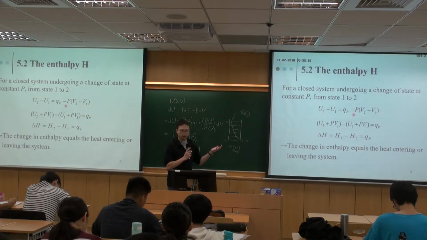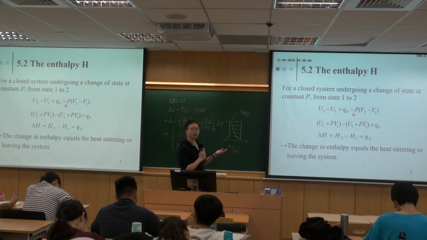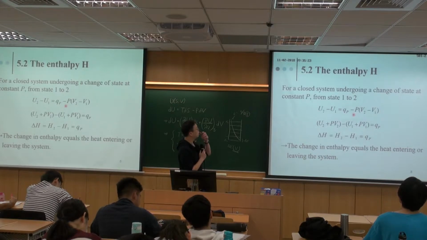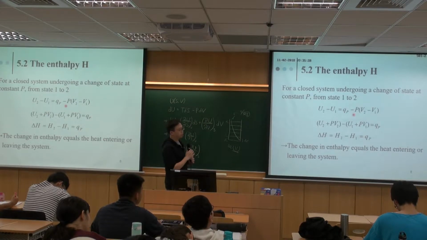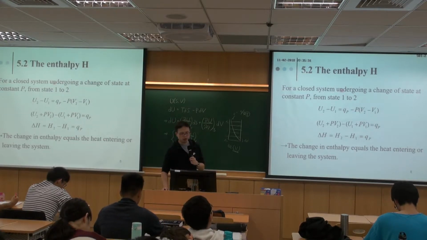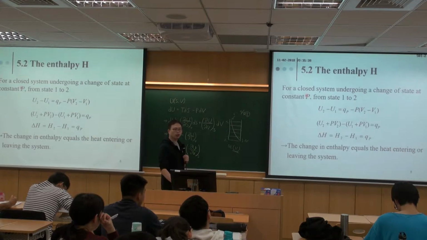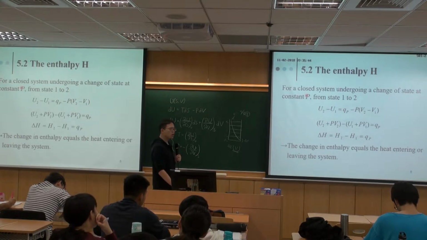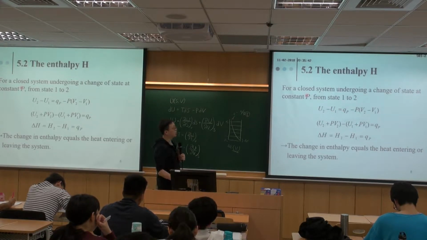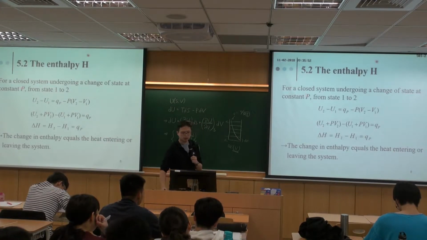And enthalpy is pretty straightforward, so I guess we don't have to spend a lot of time on this. We've already seen this in the very first two chapters, that the enthalpy can be defined as U plus PV. And so if you're dealing with a closed system and it's undergoing a change of state at constant pressure, this is fairly important, at constant pressure. Although the definition of enthalpy, I emphasized this several times, is not limited to constant P processes, but typically when we use enthalpy as our measure of change of heat, we're dealing with constant pressure processes.